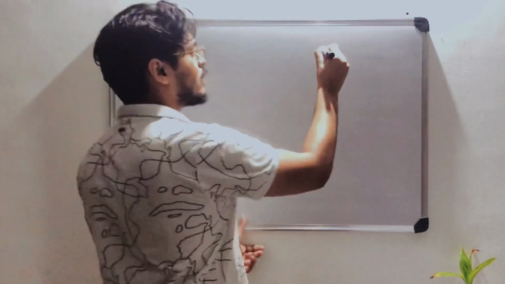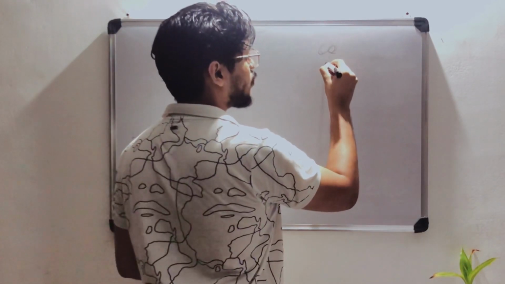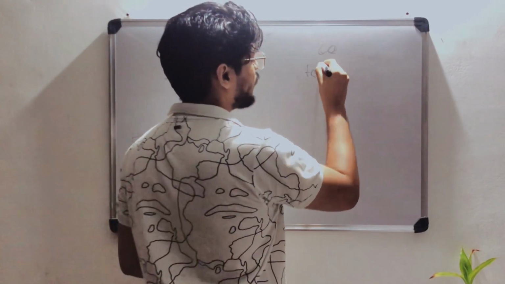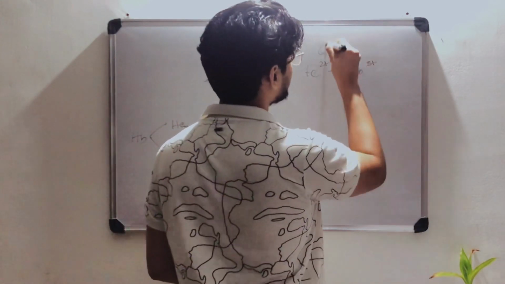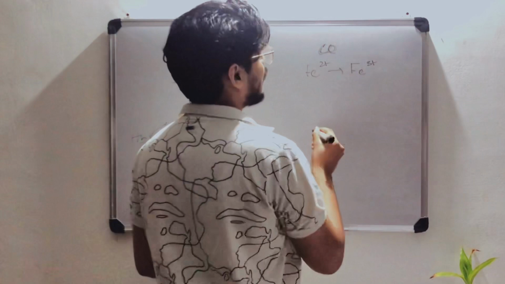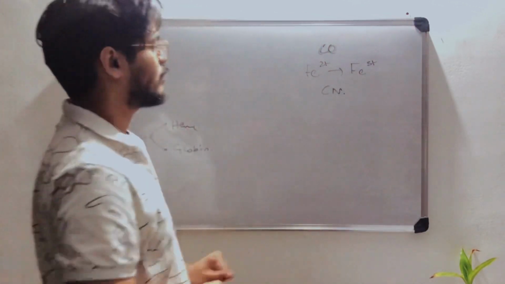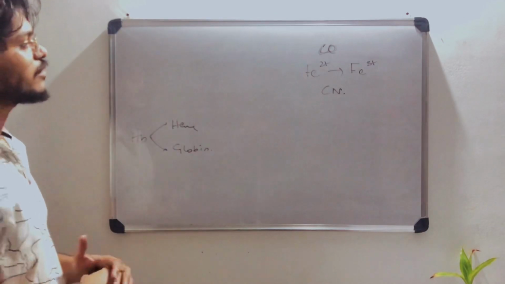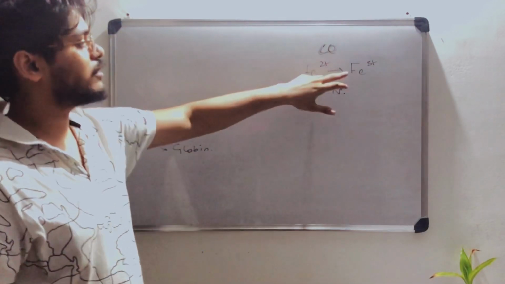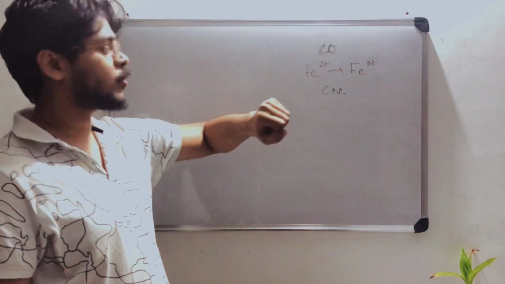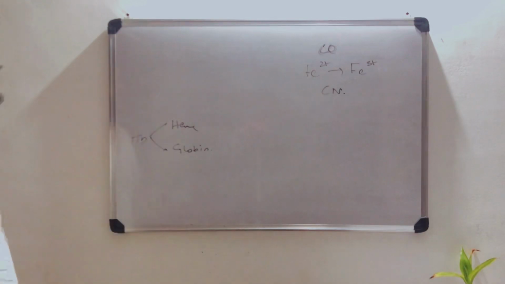One is carbon monoxide poisoning, and there is methemoglobinemia, which is where Fe2 plus is converted to Fe3 plus, and there is cyanide poisoning. There are 3 things we have to look into. Carbon monoxide poisoning, Fe2 plus converting to Fe3 plus called methemoglobinemia, and cyanide poisoning. So let's check into each one.